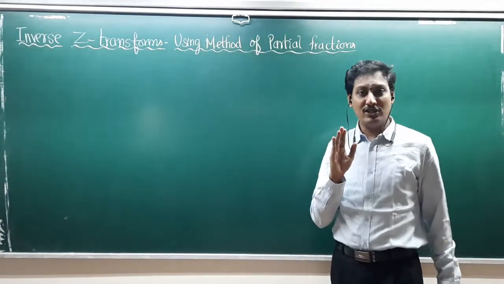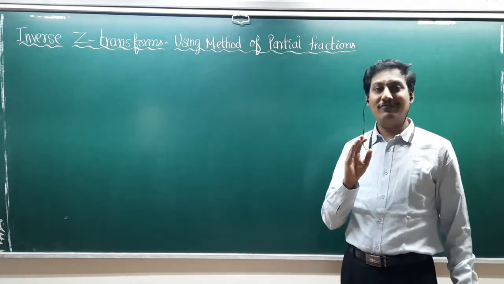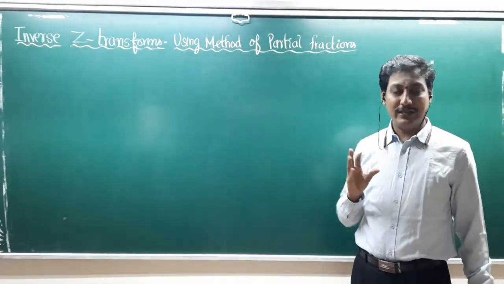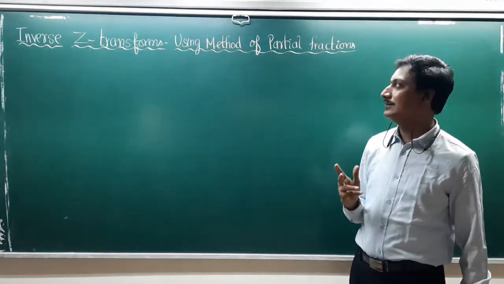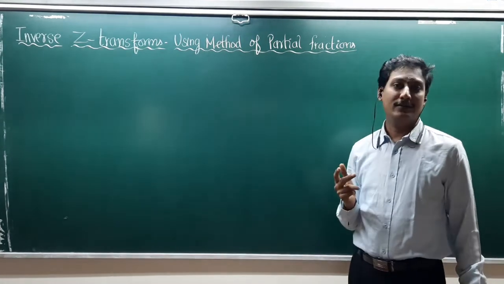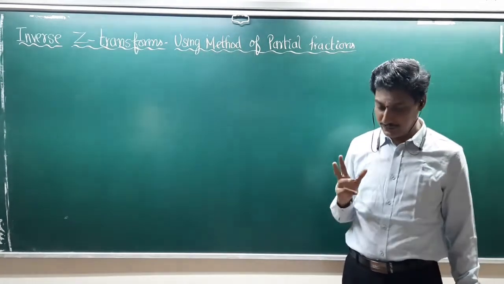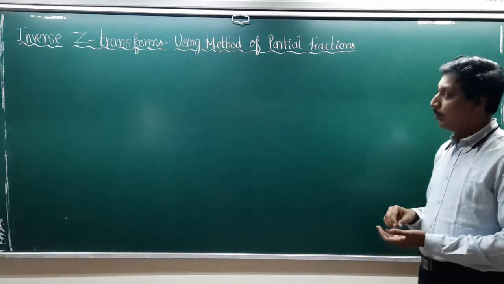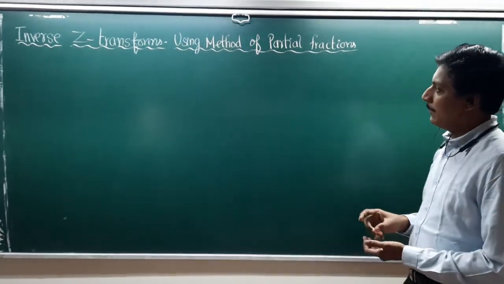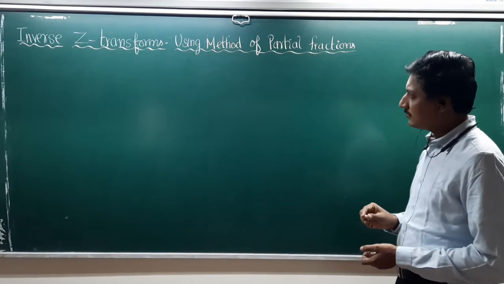The method of partial fractions is a very general method. We can easily apply this technique to any type of problem to determine the inverse Z transforms. Is it clear?